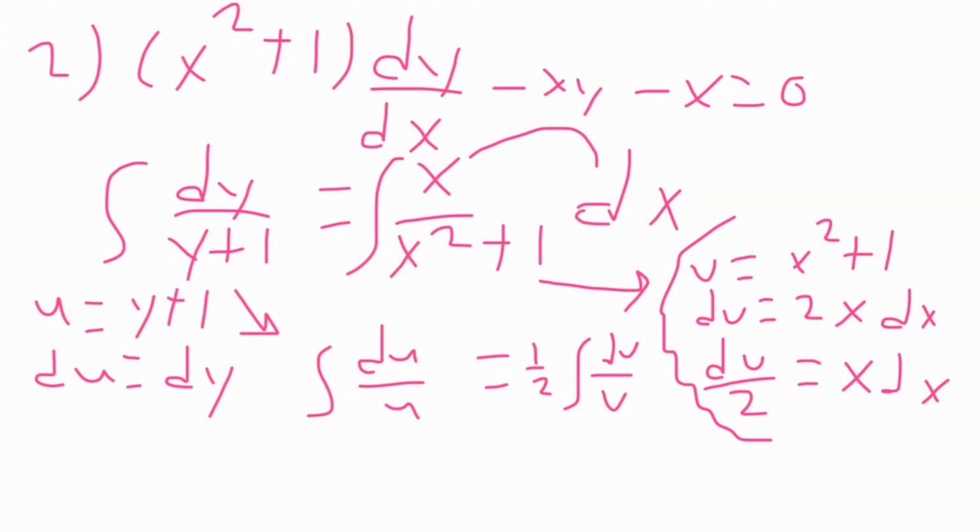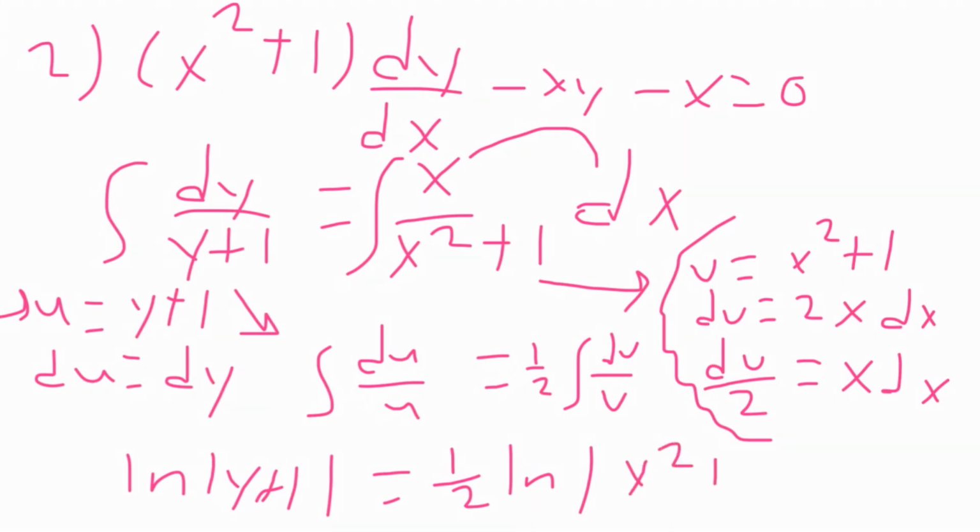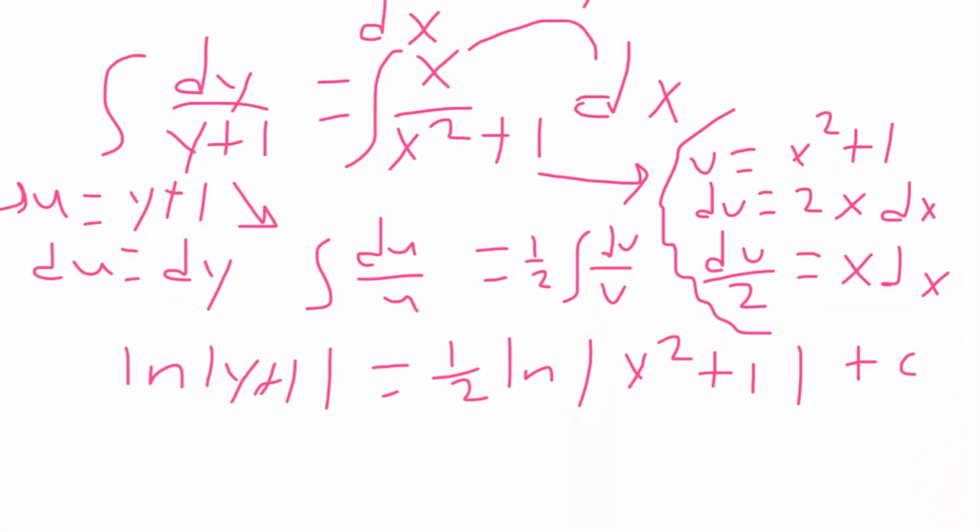So now, simplifying all this, the integral of 1 over u would just be ln u, but we know u is y plus 1, so we just write ln of y plus 1, and set it equal to 1/2 ln of x squared plus 1 plus c. Alright, to simplify this, we e both sides. Because it's a natural log, they are inverses of each other.